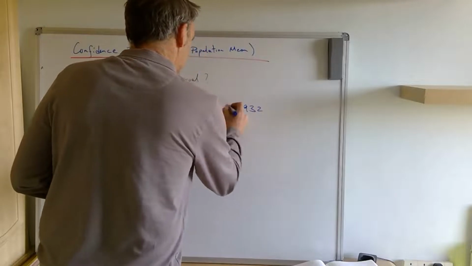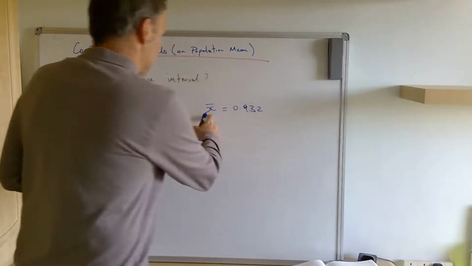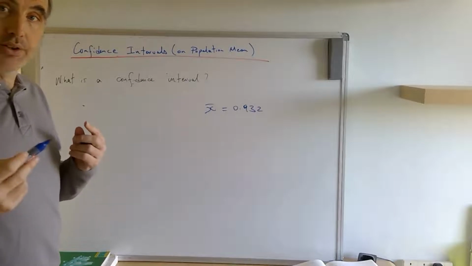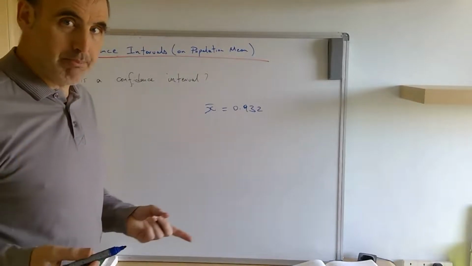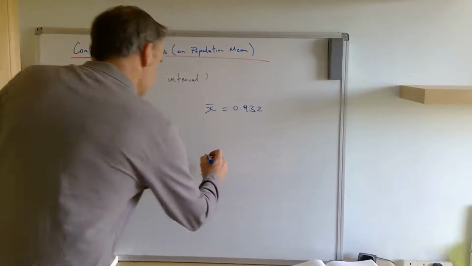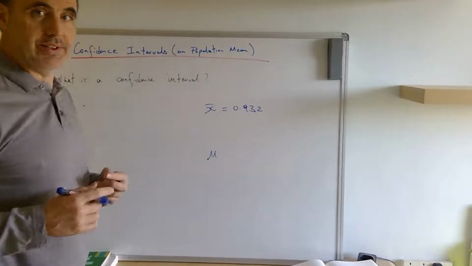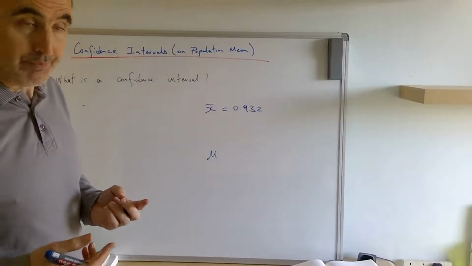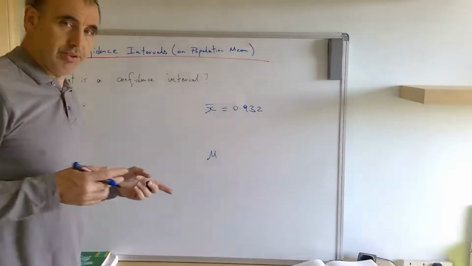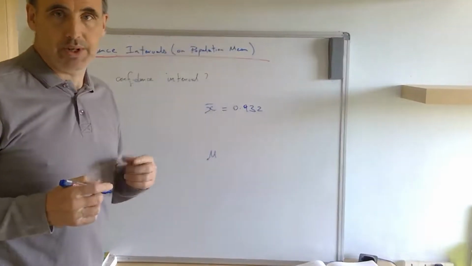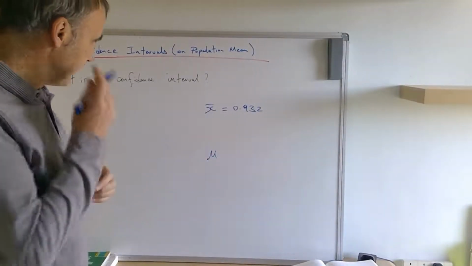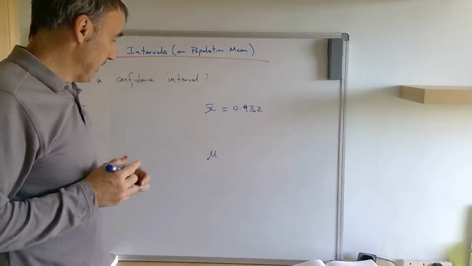So in other words, that's our X bar. Remember, X bar is the symbol we use for the mean of a sample, and we use mu to represent the mean of the population. Now, the thing is, we don't know mu, we only know X bar. We picked 64 sweets and found the mean of them.